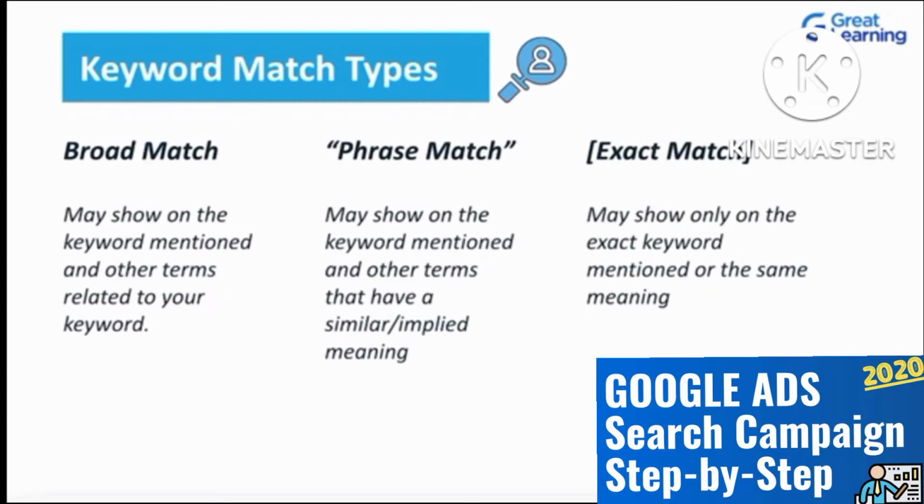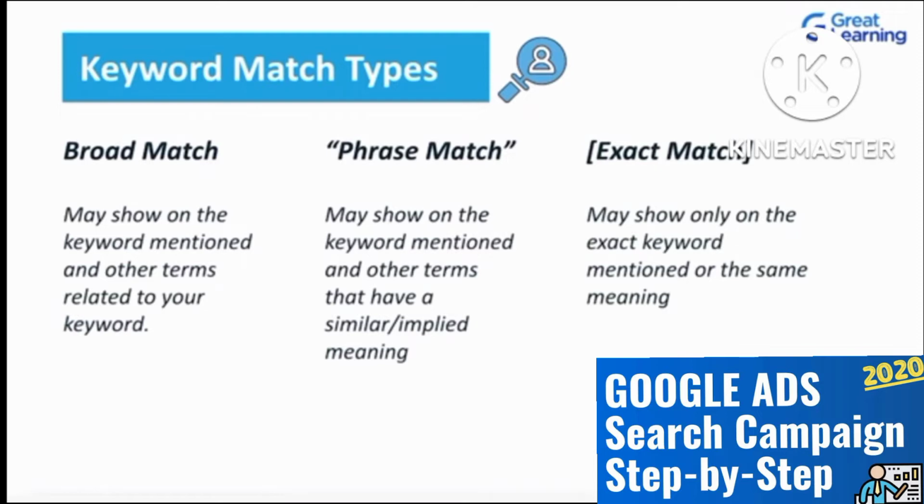And the third is the exact match. Exact match means that you're telling Google that I want this keyword only. But Google will still show keywords that are very closely related to the keyword that you have entered, and of course, also the same keyword that you have mentioned.